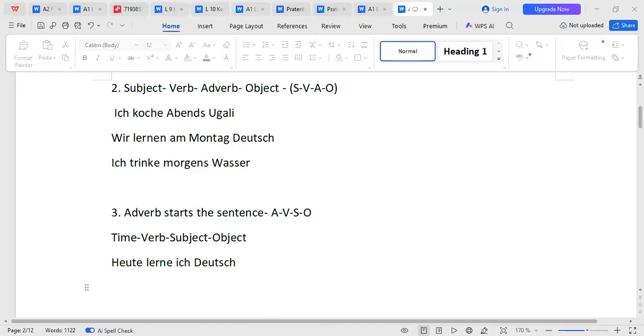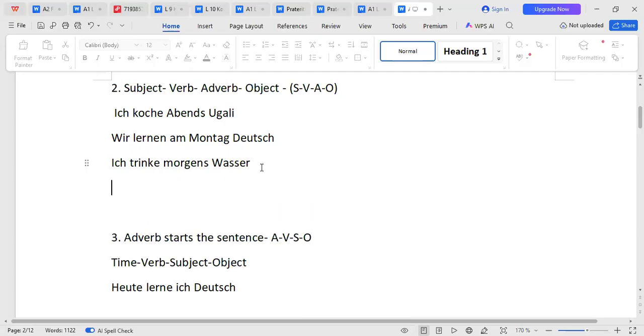Und so weiter. Let me write it here. Ich spiele am Wochenende Fußball. Oder wir spielen am Wochenende Fußball. Wochenende is weekend.